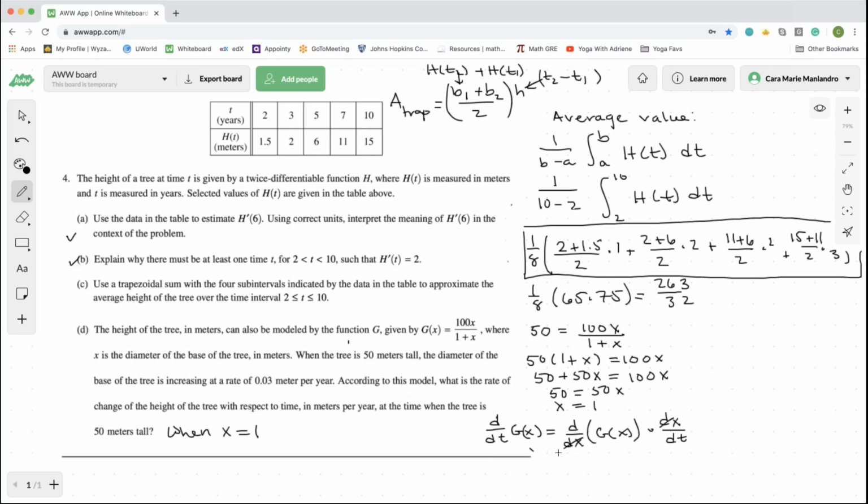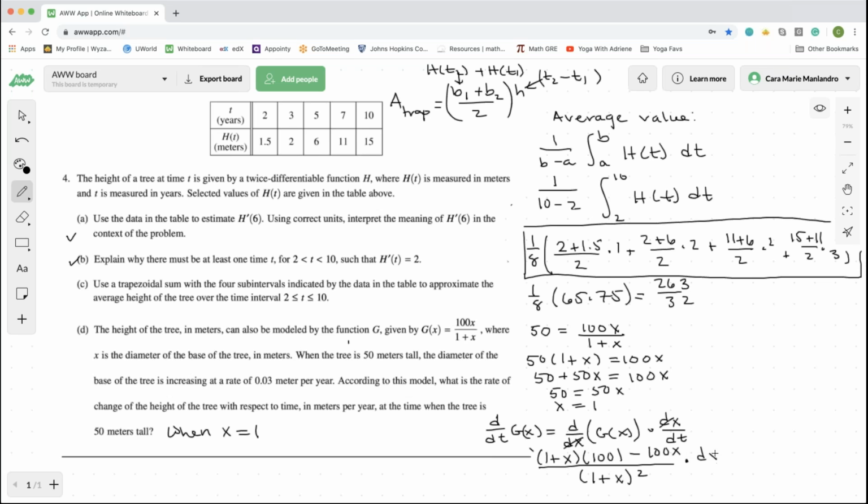So we're going to use the quotient rule and the chain rule. So 1 plus x, derivative of the top is 100, minus 100x times the derivative of the bottom, which is 1. And then all of that over 1 plus x squared.